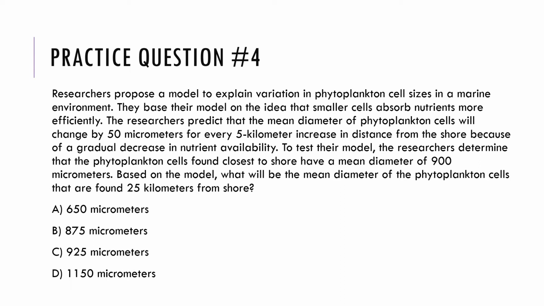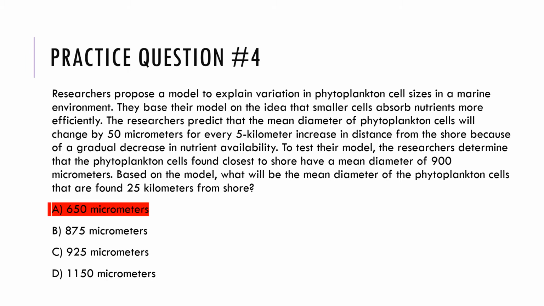To test their model, the researchers determined that the phytoplankton cells found closest to shore have a mean diameter of 900 micrometers. Based on the model, what will be the mean diameter of the phytoplankton cells that are found 25 kilometers from the shore? Is it A, 650, B, 875, C, 925, or D, 1150?